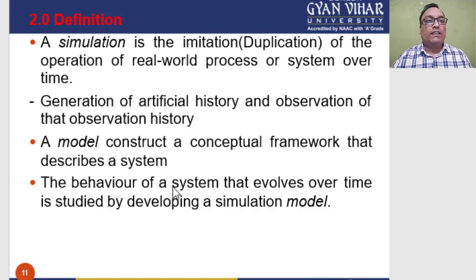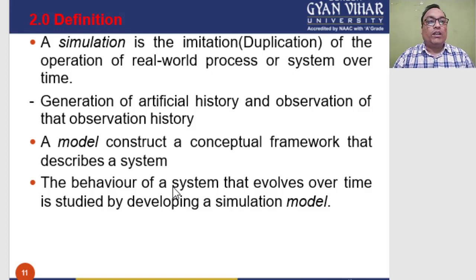Simulation is the imitation or duplication of the operation of a real world process or system over time, and it involves the generation of an artificial history and observation of that history.